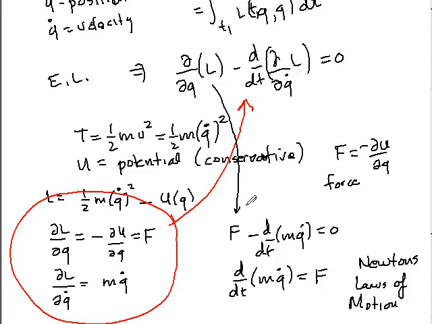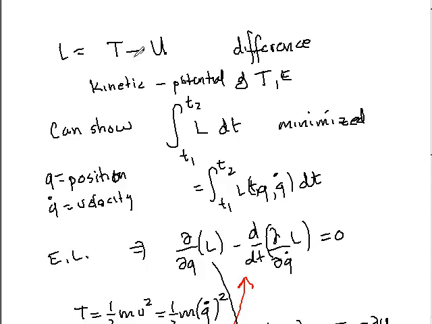Okay, so Newton's laws of motion are completely equivalent to minimizing this integral of L. Now this is called the action, and this principle in physics is called the least action principle. That is, things will move according to the principle that the action is minimized.